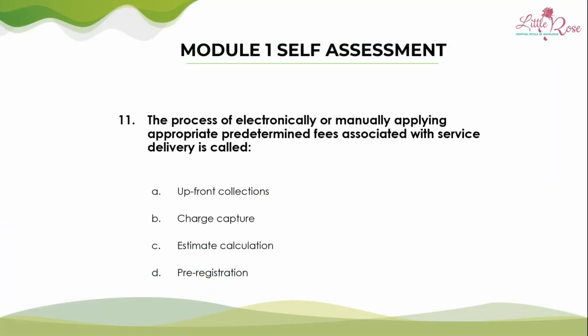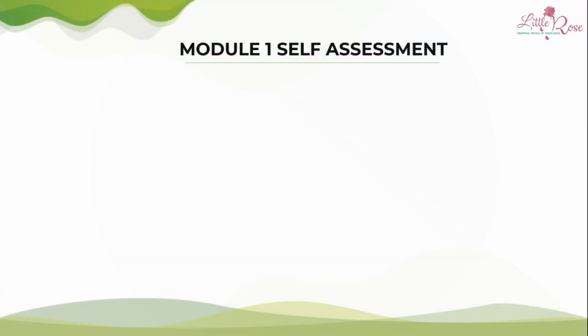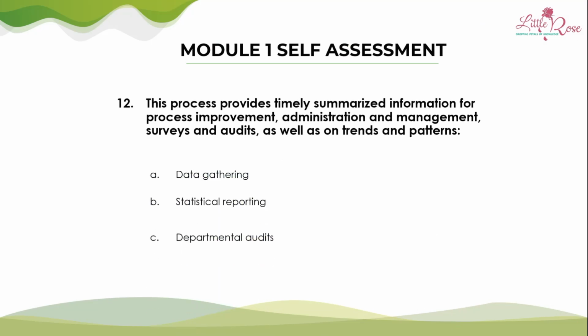Question number 11. The process of electronically or manually applying appropriate predetermined fees associated with service delivery is called: A. Upfront collections, B. Charge capture, C. Estimate calculation, D. Pre-registration. Question number 12.